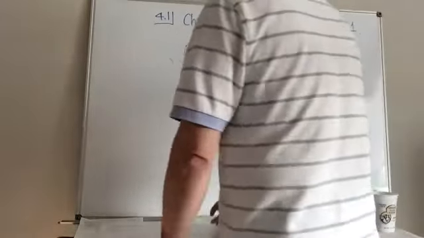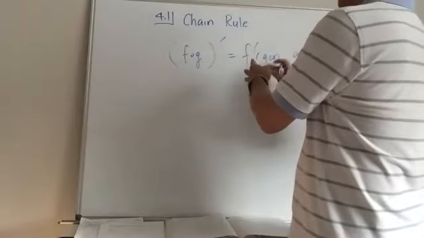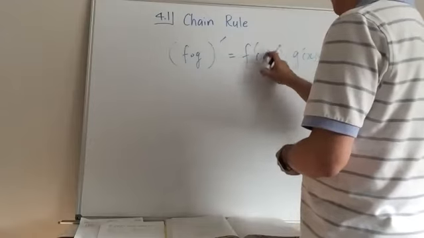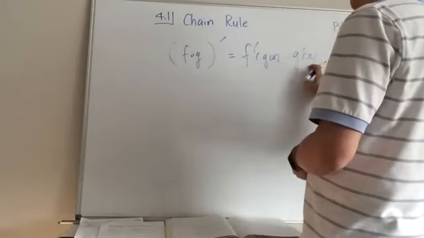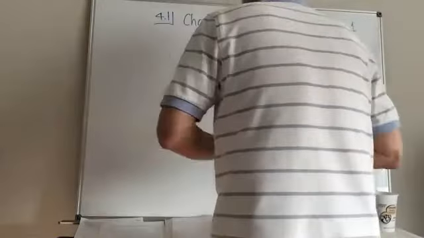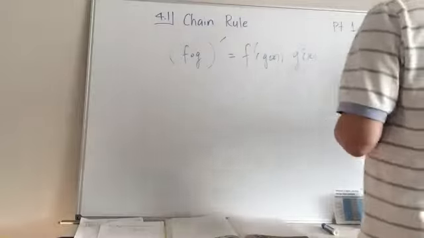So in other words, I take the derivative of the composite function itself, and then I take the derivative of g of x itself again, right? All right. So let's see how this works. Let's go ahead and do example number 3.